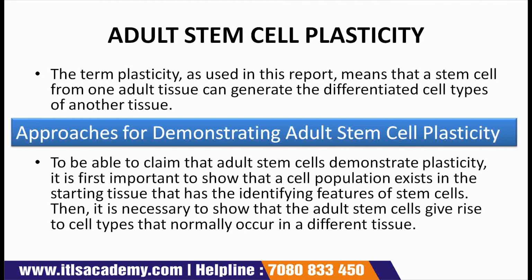A term that comes here is plasticity. We are now going to see adult stem cell plasticity. What is this plasticity? Mostly, plasticity means to be ready to withstand any unfavorable circumstances, having the ability to differentiate according to their environment.